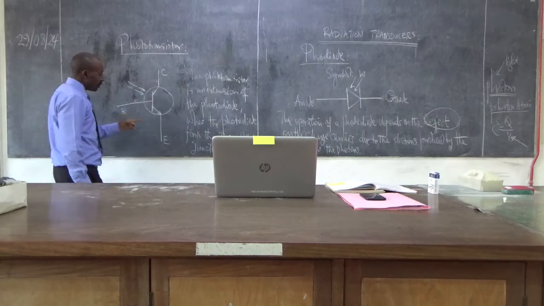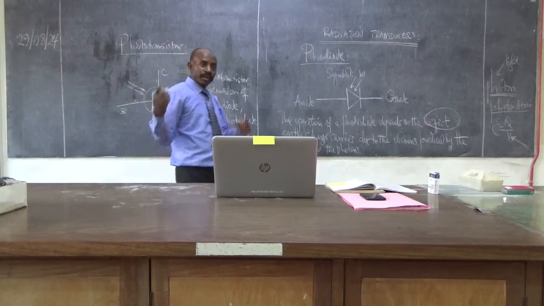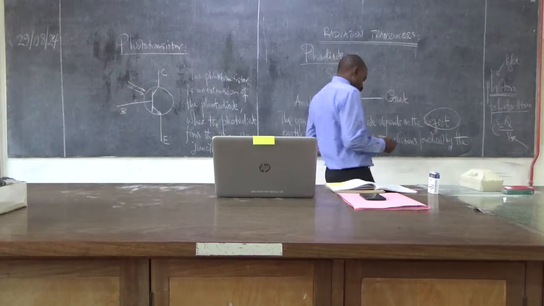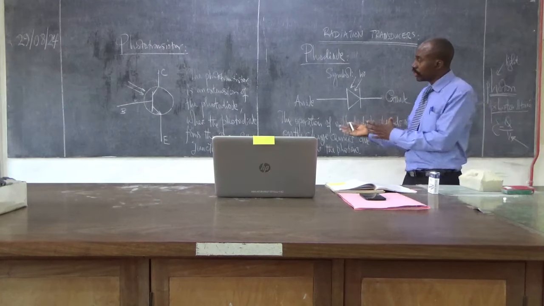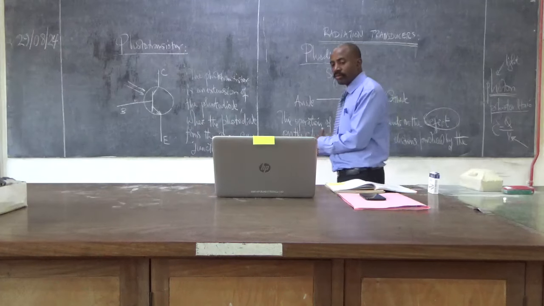But we also have the base emitter junction, but our photodiode is placed at the base collector.